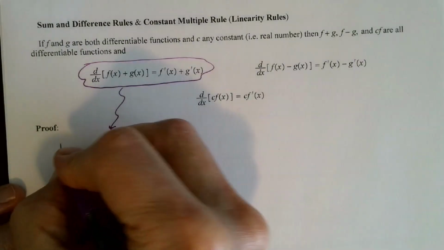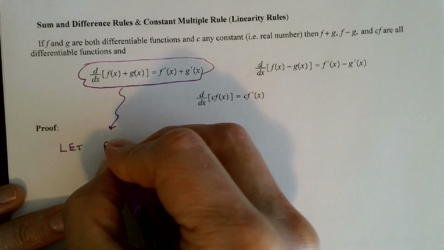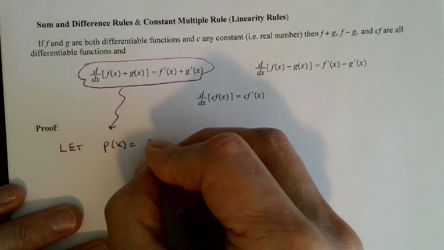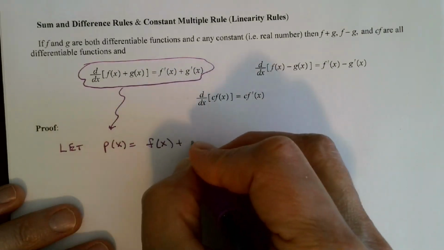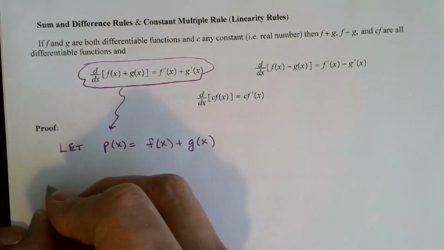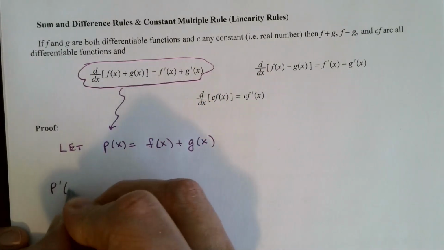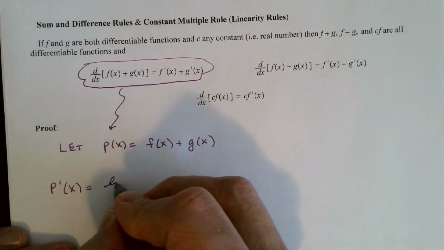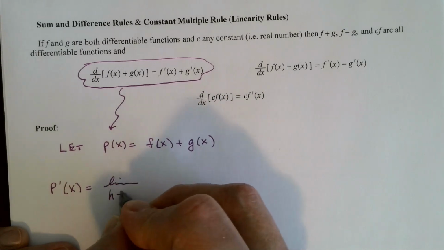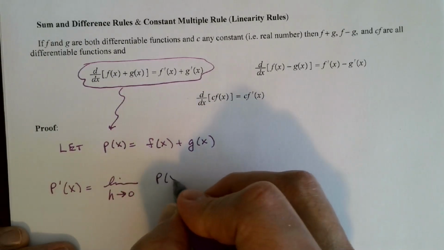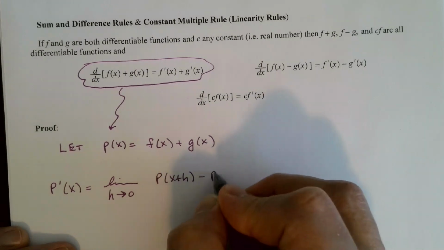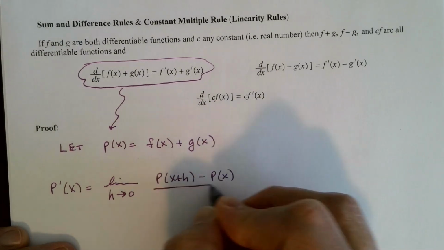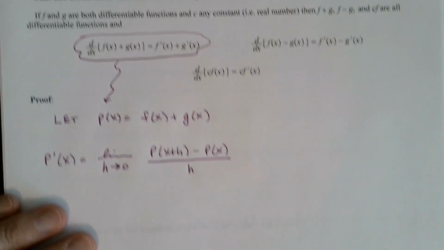And to do this, I'm going to let p of x equal the function f of x plus g of x, so that I'm finding p prime of x. By the limit definition, the limit as h goes to 0 of p of x plus h minus p of x all over h.